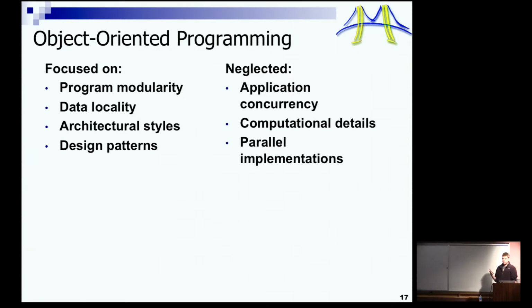But a lot of things were neglected, such as concurrency, computational details, and fast, efficient parallel implementations. So this is to say that object-oriented programming doesn't solve all our problems when we're talking about writing parallel code.